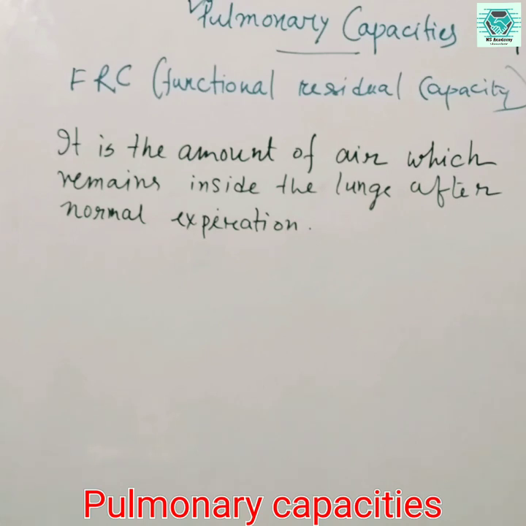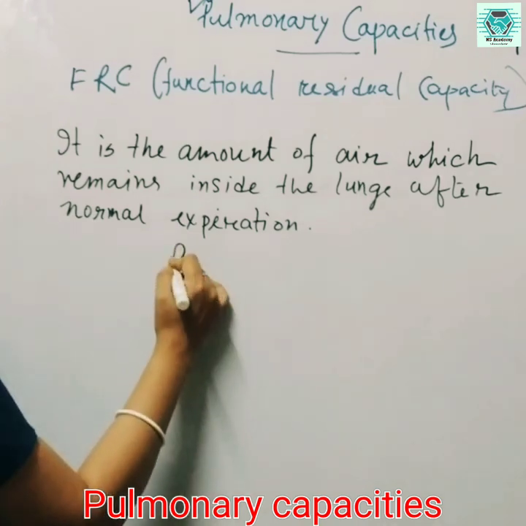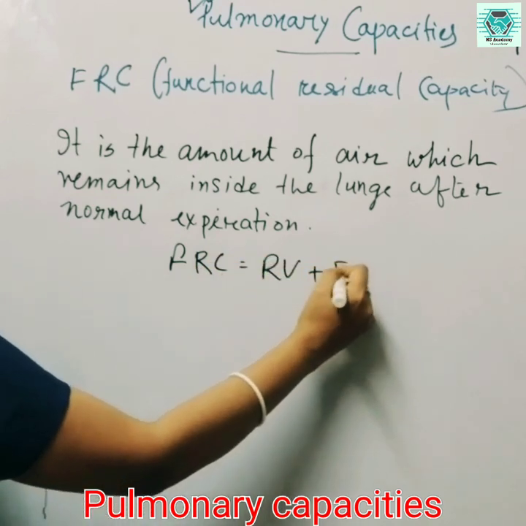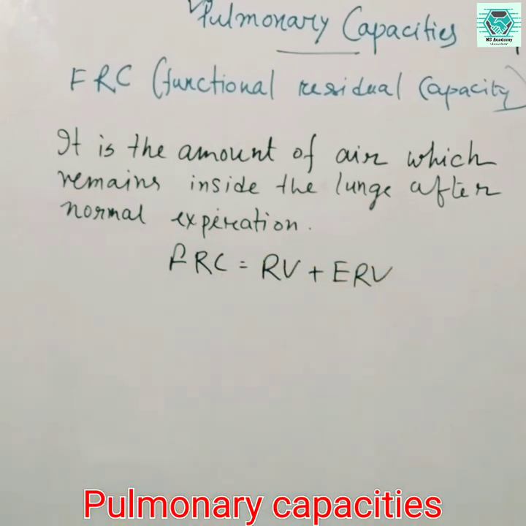This is the capacity of the lung to hold some air. So FRC equals RV plus ERV, that is residual volume plus expiratory reserve volume.